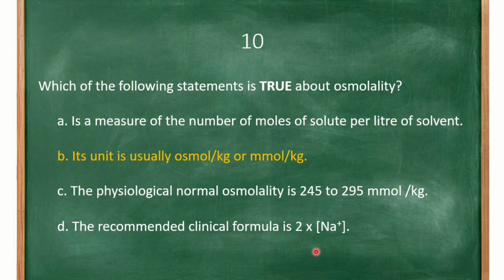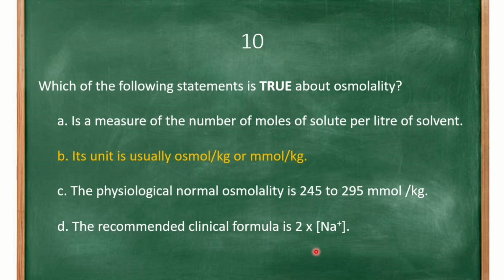Then the physiological normal osmolality is 247 to 295 millimole per kilogram. This value is wrong. It's slightly lower than what is expected, so it's not correct. What we expect is 275 to 295 millimole per kilogram.